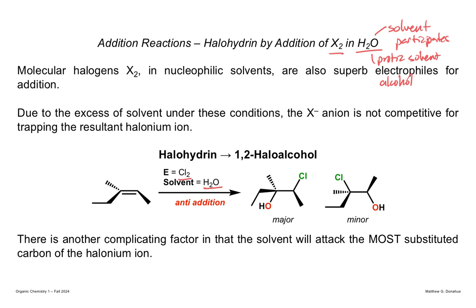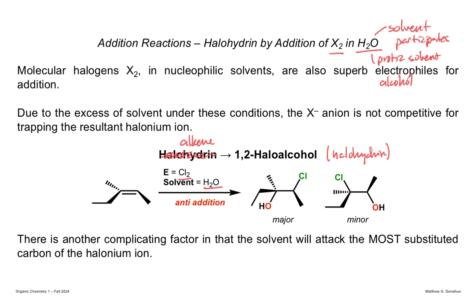So this should say alkene going to a 1,2 halo alcohol, and that's called a halohydrin. Hydrin is another word for alcohol.